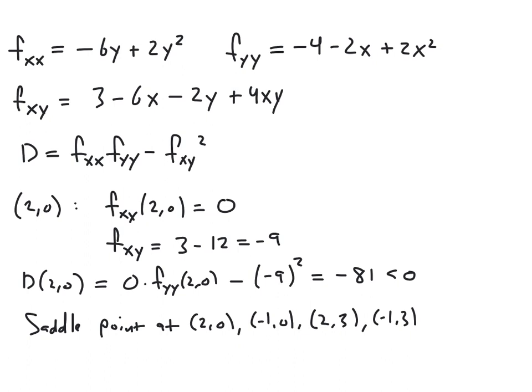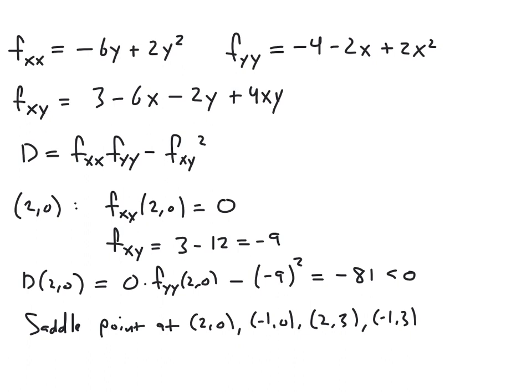So you will have saddle points at all 4 of those values. In fact, I believe the discriminant in each case is equal to negative 81, which is mostly a coincidence rather than something that will always happen. You could certainly get other negative values of the discriminant, but I believe in this case all 4 of these have the same discriminant value.